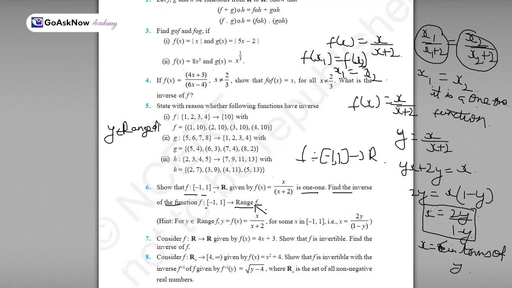If you see here, the domain will be real numbers except 1, because y equal to 1 will not be defined. So the domain is R minus 1. That's it. So this is the definition of the inverse function for this function. Let's move to the next question and find out what are the other things in this exercise.